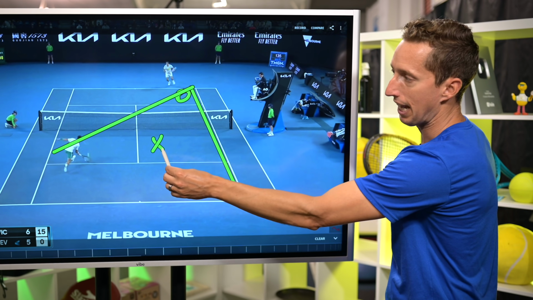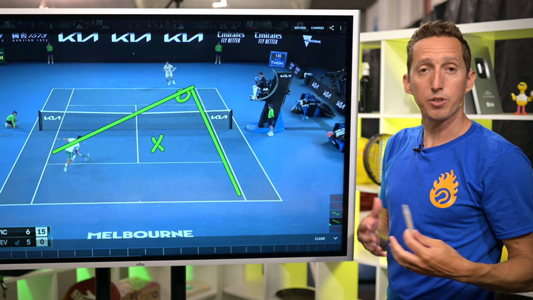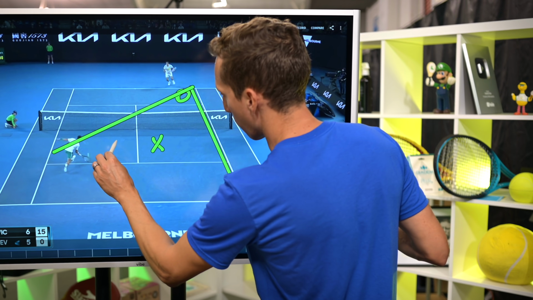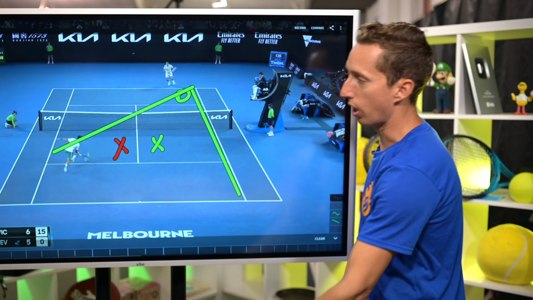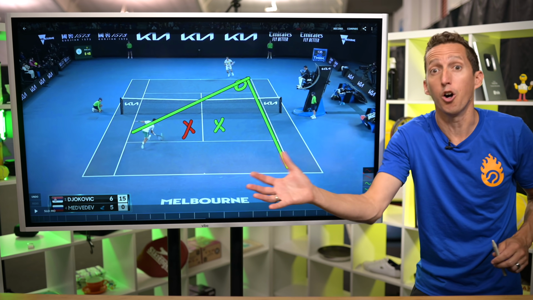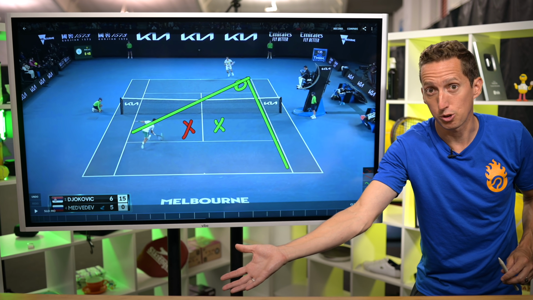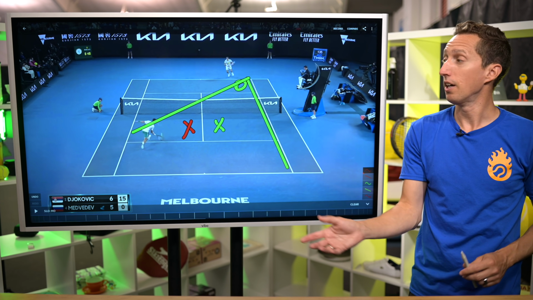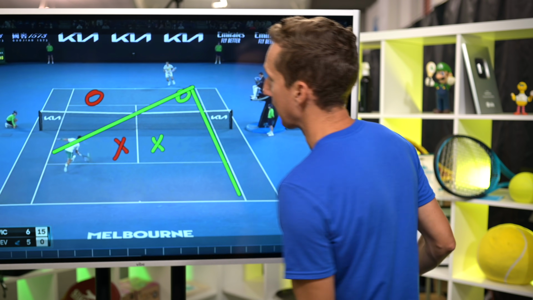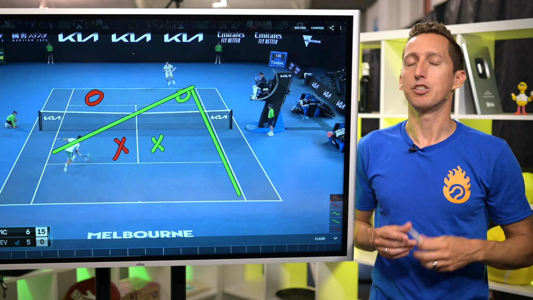And so this green X ends up being in the middle of those two spots. So Novak essentially has the option, do I want to get to here or do I want to get to here? And as soon as he went to uh-oh status with his forehand and he switched to a continental grip, the fact that he aimed for the red circle instead of the green circle is huge.